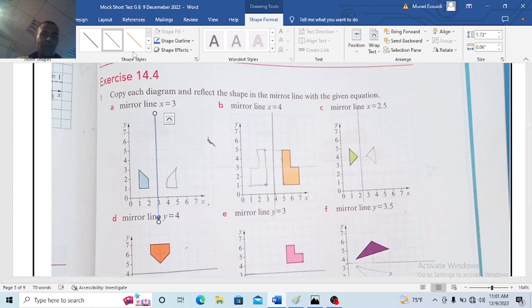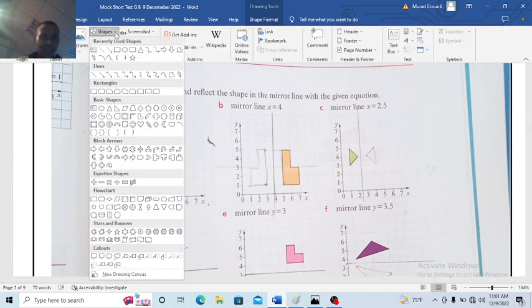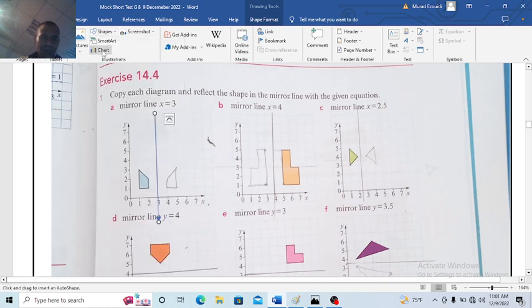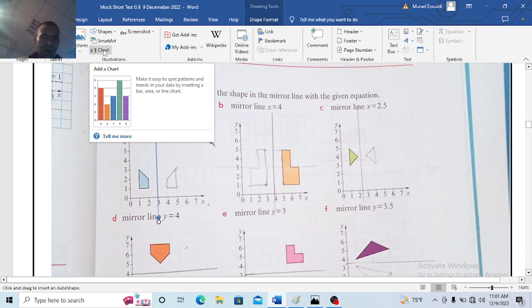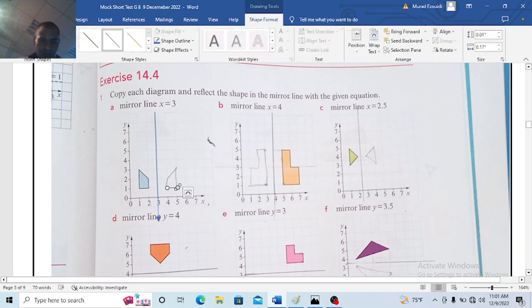I will try to insert the image of this shape. I will make here 1 unit, only 1 unit like that. Then I will insert another.